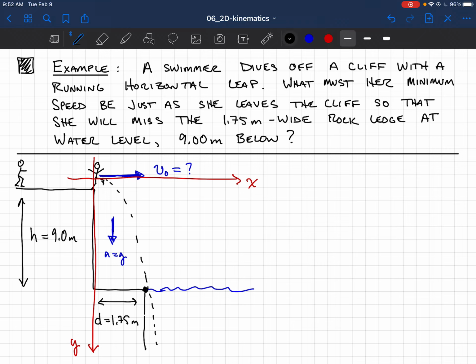And as before, we should probably choose to name some points. So let's call the jumping off point point A, and let's call the point at which she hits the water just past the ledge point B. And let's write down one of our equations. So let's say first, let's use the y equation.